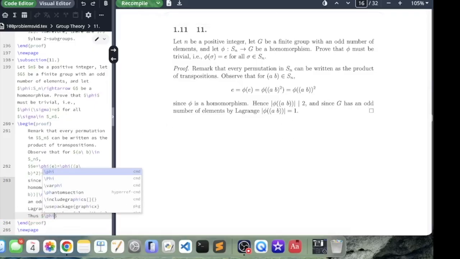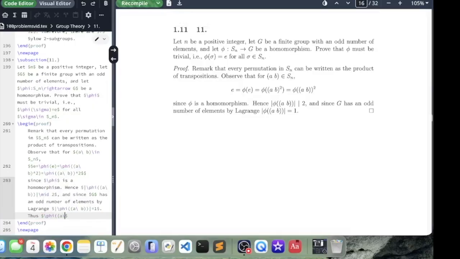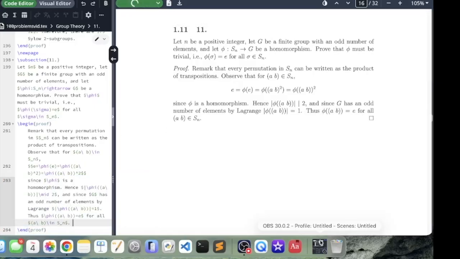Thus, the only element of order 1 is the identity. Okay, but we want to have this property for every permutation, not just transpositions.